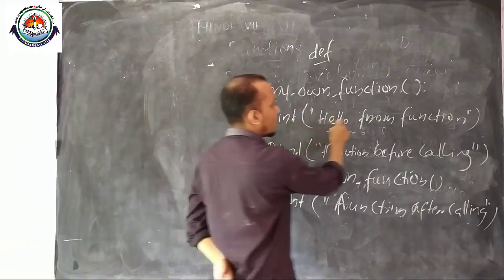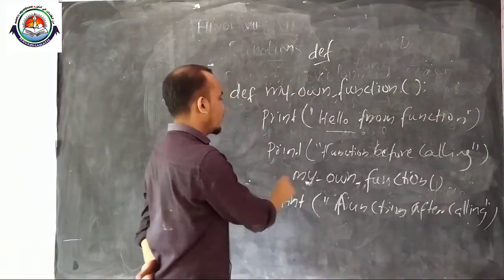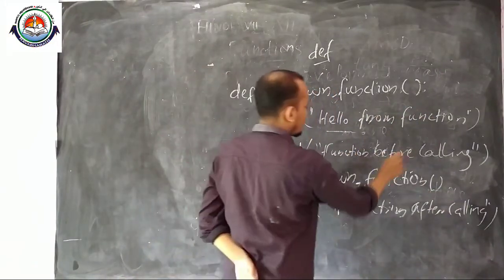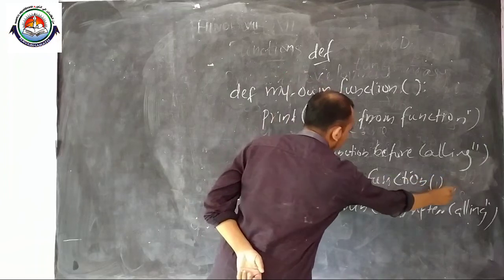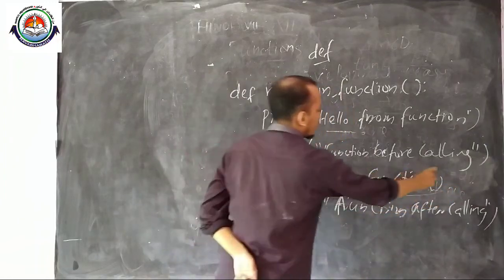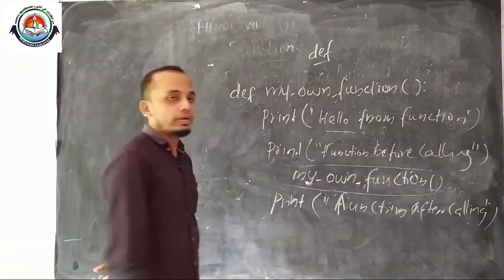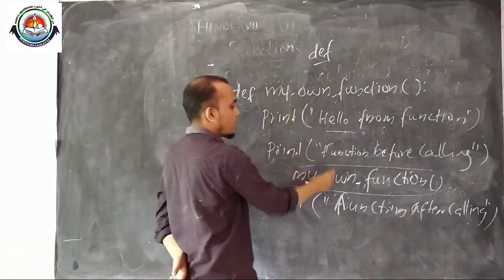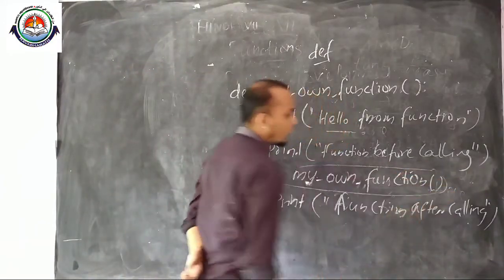Then the print hello from function statement. Then print function before calling, my own function. Did you see this one? This my own function we already used here. This is the function name. This is the function call.